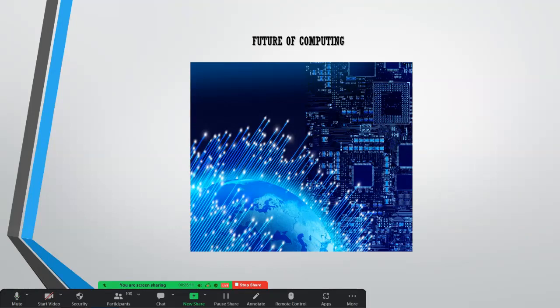Now, in the case of quantum computers, they are believed to be able to quickly solve certain problems that no classical computer could solve in a feasible amount of time. Unlike the classical computers that we are using, suppose the laptop from which I am presenting, it is a classical computer.